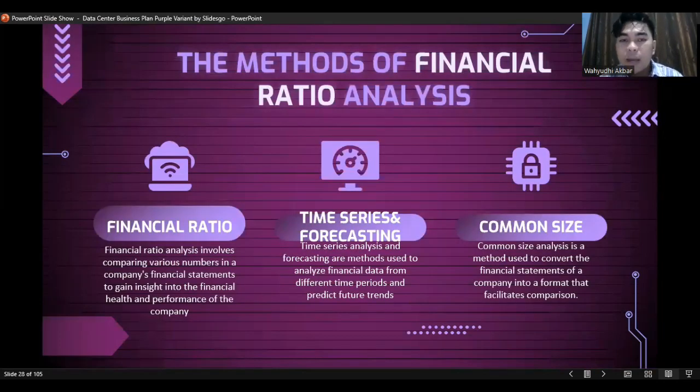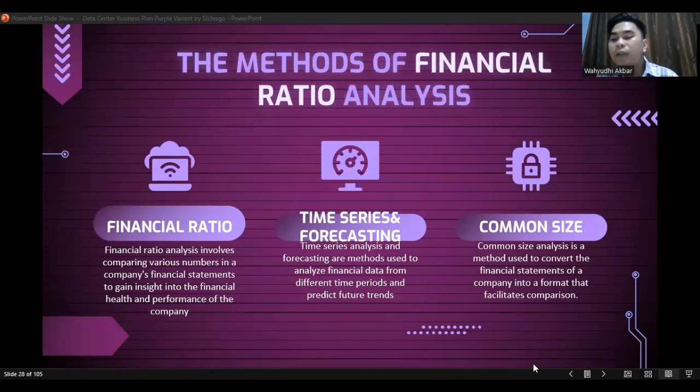The next one, we have the methods of financial ratio analysis. Financial ratio analysis, time series analysis, and common size analysis are tools used in financial analysis to understand the financial performance of a company.